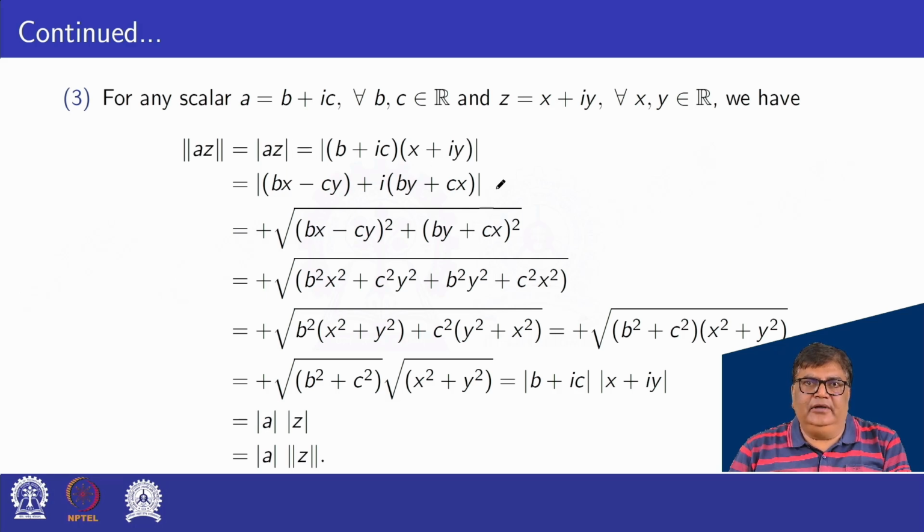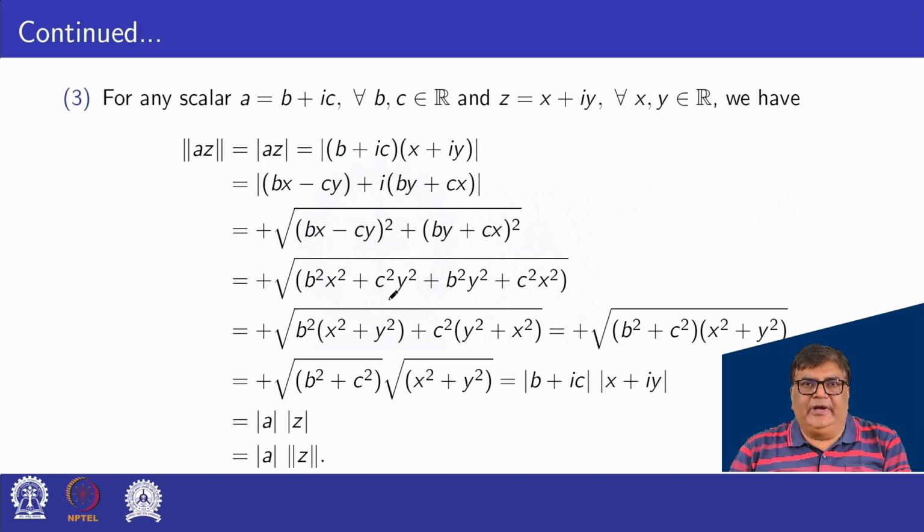So after multiplication we can write bx minus cy plus i into by plus cx. So this is also a complex number, and this is the modulus value. So we can write square root of the square of bx minus cy plus the square of by plus cx.